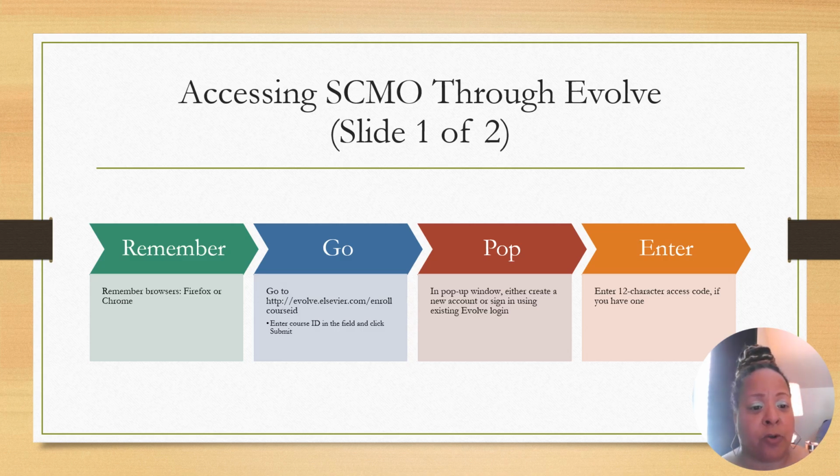Now you're going to enter your course ID in the field and click submit. We also have a video that should take you through how to do your SimChart. In the pop-up window, either create a new account or sign in using your existing Evolve login, and you're going to enter the 12-character access code if you have one.